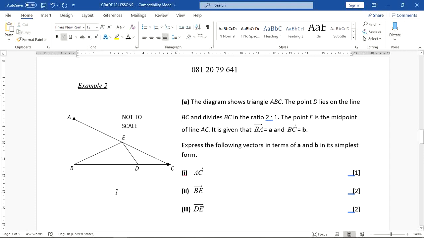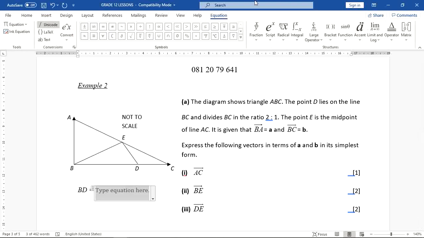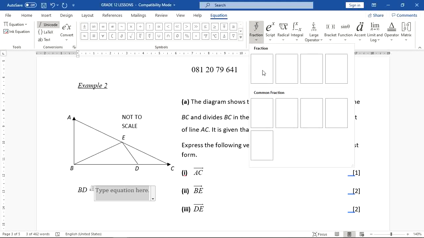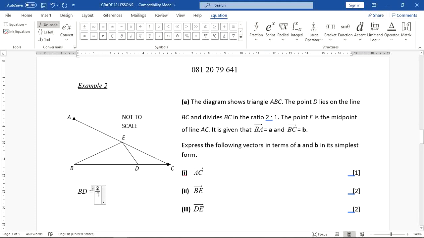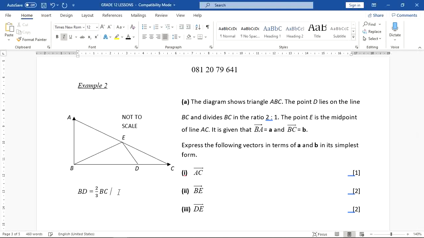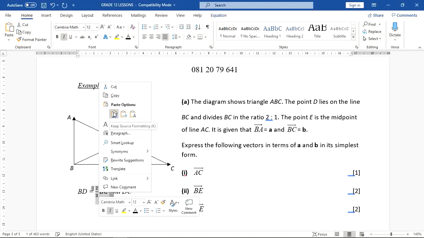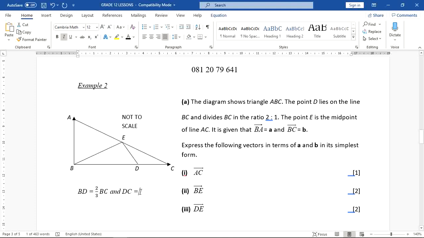Line BD is equal to 2/3 of BC, and DC will be equal to 1/3 of BC. So how did I get the 2/3 and the 1/3?